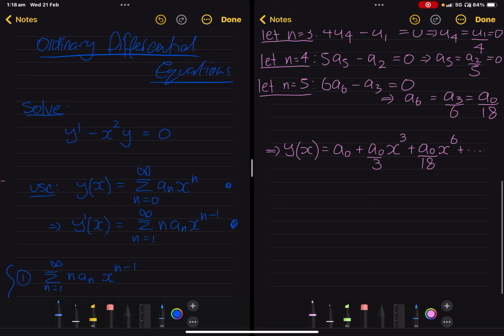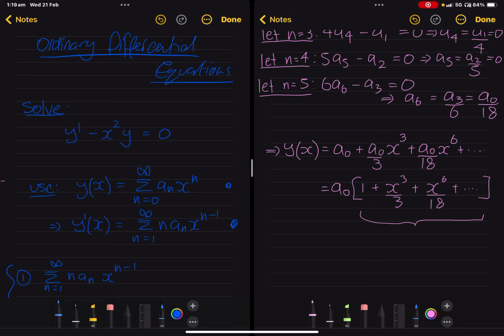Now a0 is the only loose term that we have here, so this suggests this is going to be one solution. It's going to be a0 times 1 plus x cubed on 3 plus x to the 6 on 18 plus dot dot dot. Now our task is to work out what that series actually is. And this series here, as it turns out, you can identify by a computer.